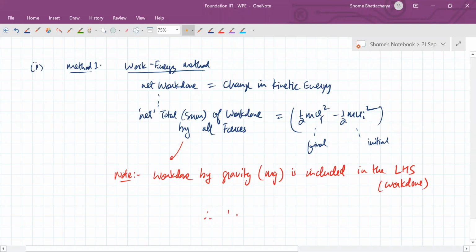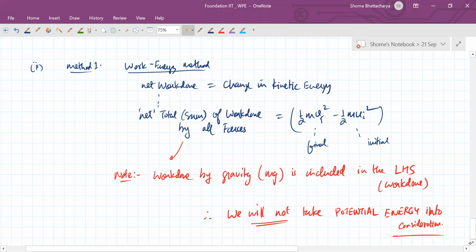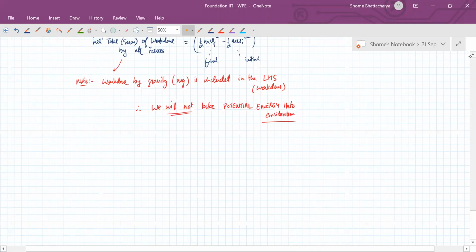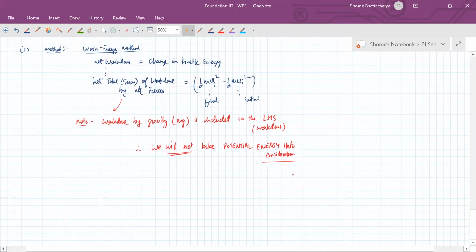Therefore we will not take potential energy into consideration, because we're already taking the gravity's effect into consideration in terms of the work done by gravity. So we will not take it again in terms of potential energy. Okay. This will become even more clear to you in a bit of time when we discuss more about the potential energy concept and the formula of gravitational potential energy.